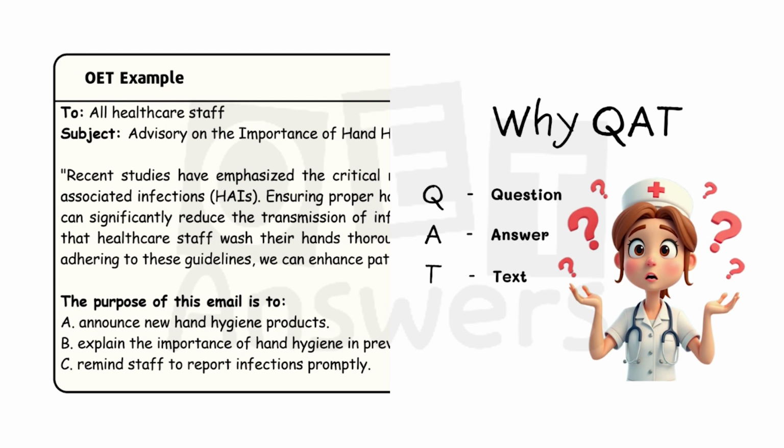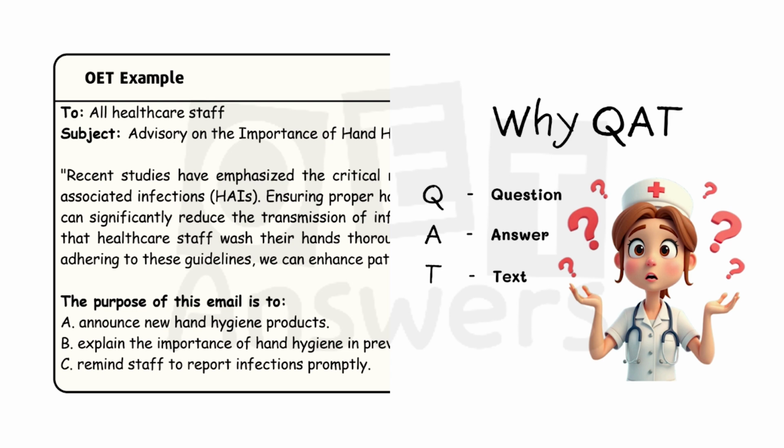Probably you have a question: why is QAT or QTA needed? It's really important to explore your ideas. First of all, in purpose based questions, we will not take any keywords or any contrast information.